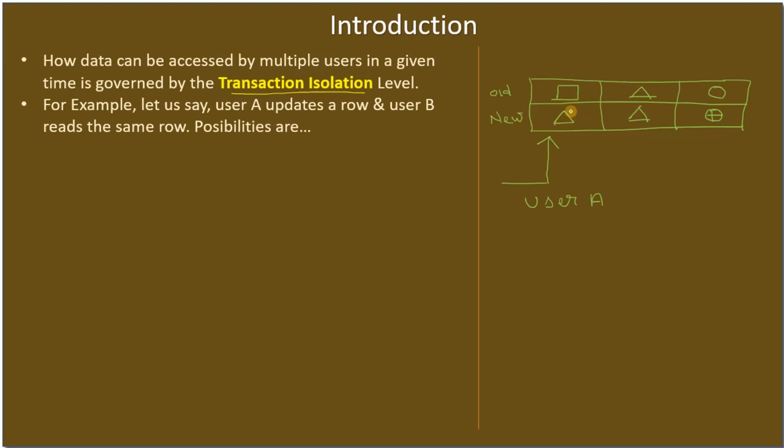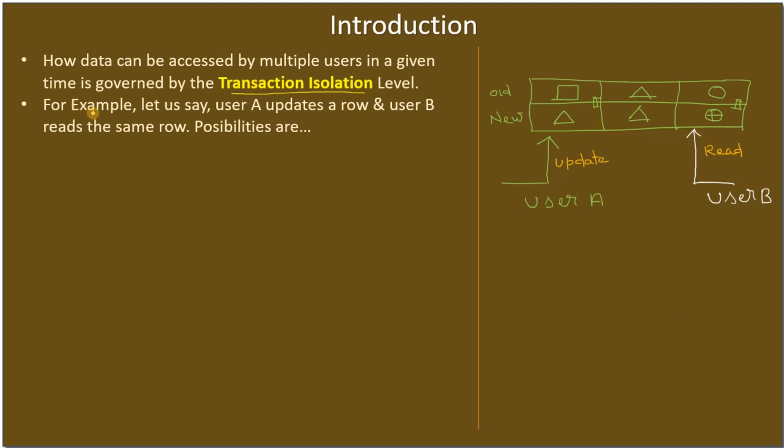So let's state that he changed the field, and the old value is shown, and below it the new value. Now when user A makes such a modification, let's state that user B is also accessing the data. So user A performed an update, user B performs a read.